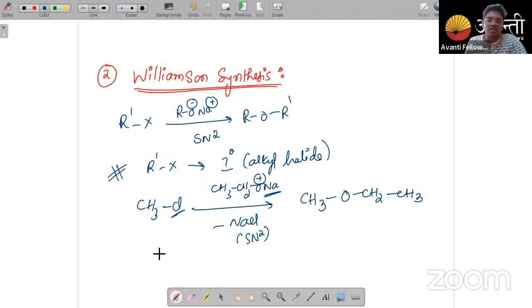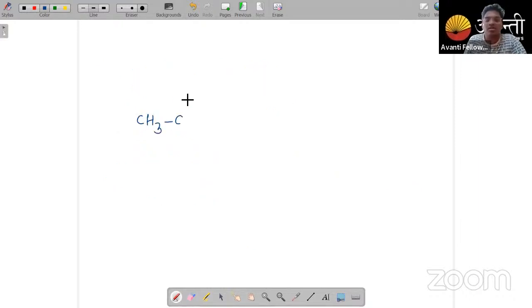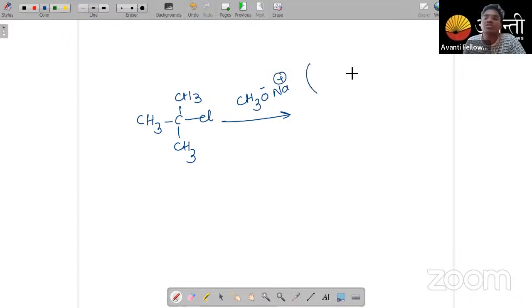Let's suppose you have a compound like this, (CH3)3C-Cl, with a tertiary carbon bonded to three CH3 groups and Cl. If you take a strong base, or a weak base, this is usually a weak base. A strong base is like tertiary butoxide.